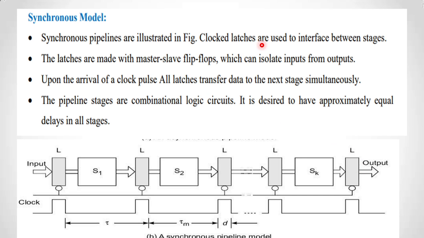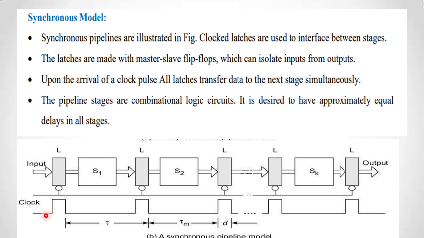These clock latches are used to interface between the stages. Latches are made with master-slave flip-flops which can isolate inputs from outputs, and upon the arrival of the clock pulse, all latches transfer data to the next stage simultaneously.